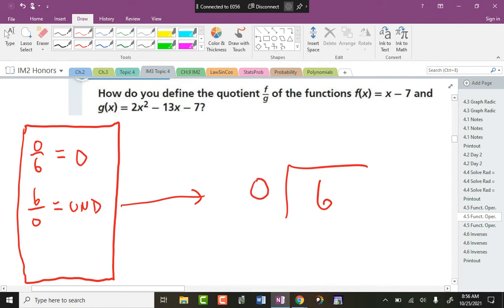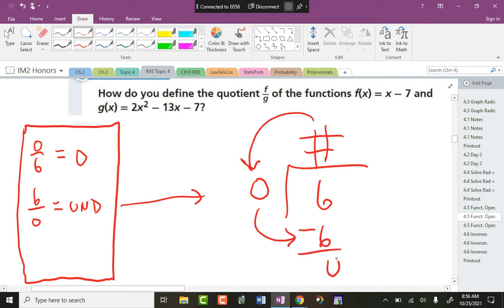This is what happens with the division garage. 6 divided by 0. Hey guys, what number times 0 equals 6? So I could subtract this and get no remainder. Is there any number multiplied by 0 that equals 6? This is the reason. This is why that doesn't work. All right? And I think it's helpful to know that.